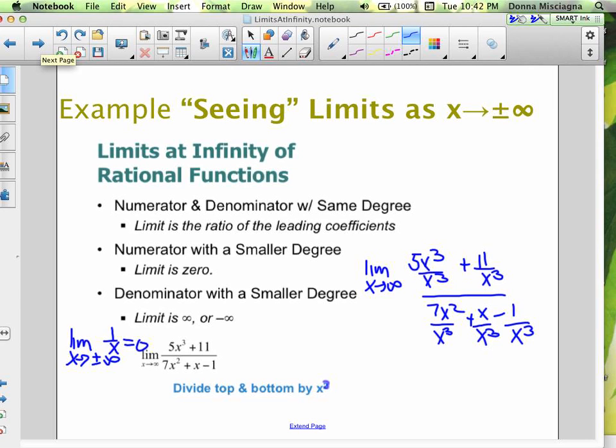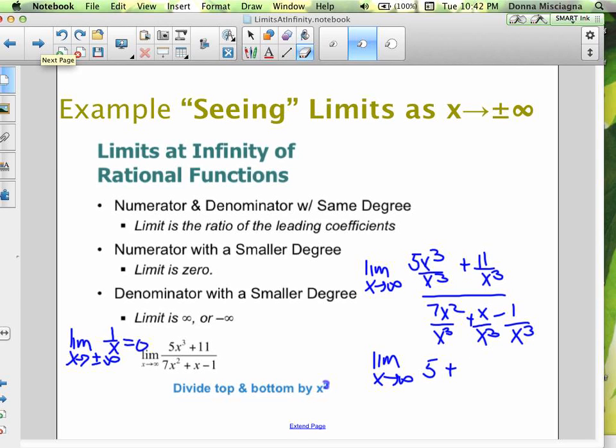And so that gives us the limit as x approaches infinity. 5x cubed divided by x cubed, that's 5, plus 11 divided by x cubed. Oh, excuse me, we're not taking the limits quite yet.